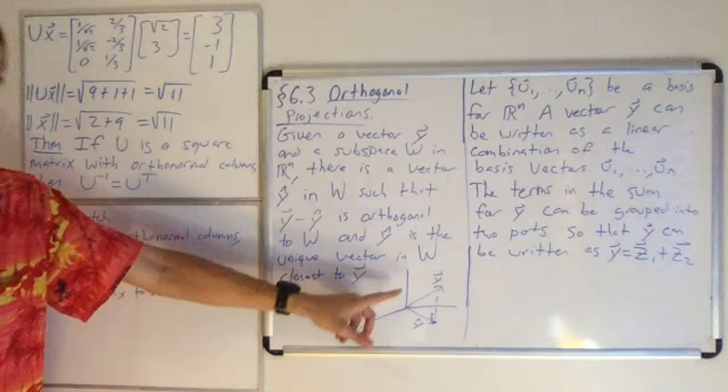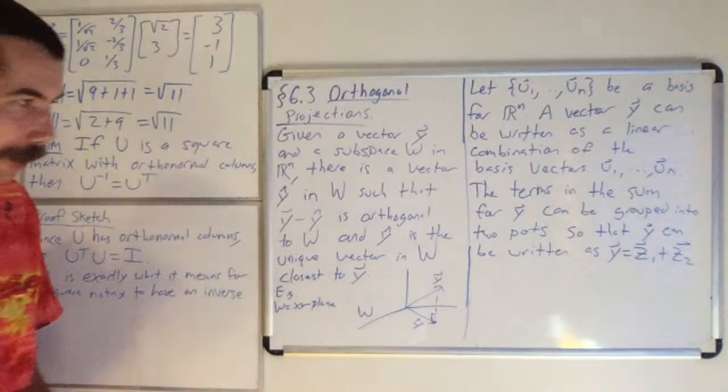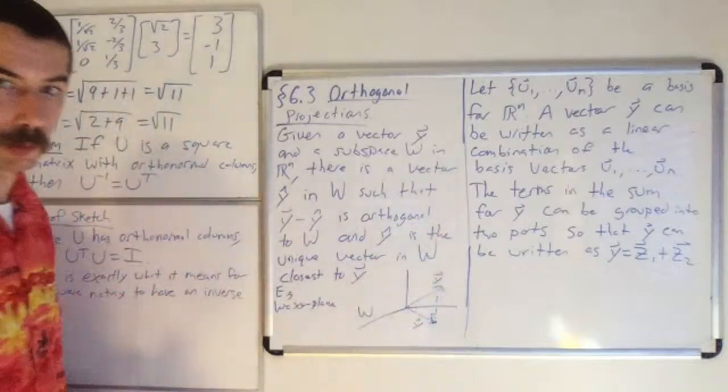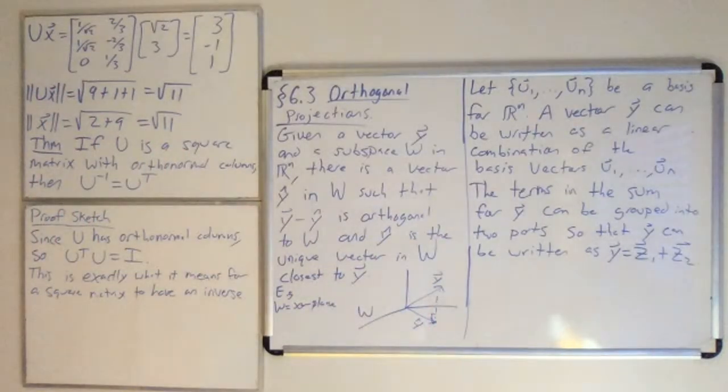Basically, the idea here is we're going to write it as the sum of this vector y hat plus the other vector. That's what we're trying to build up to now.